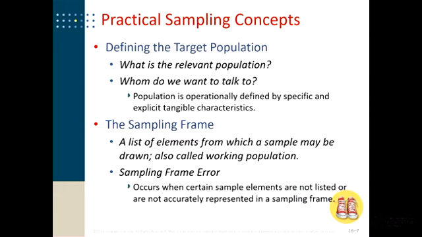Okay. The next point I want to discuss is when we move from our target population to the sampling frame. You understand that the sampling frame is a more clear definition of our target population. That's why we call it the working population. Now, when we go from our population to a sampling frame, we incur an error that we call sampling frame error.